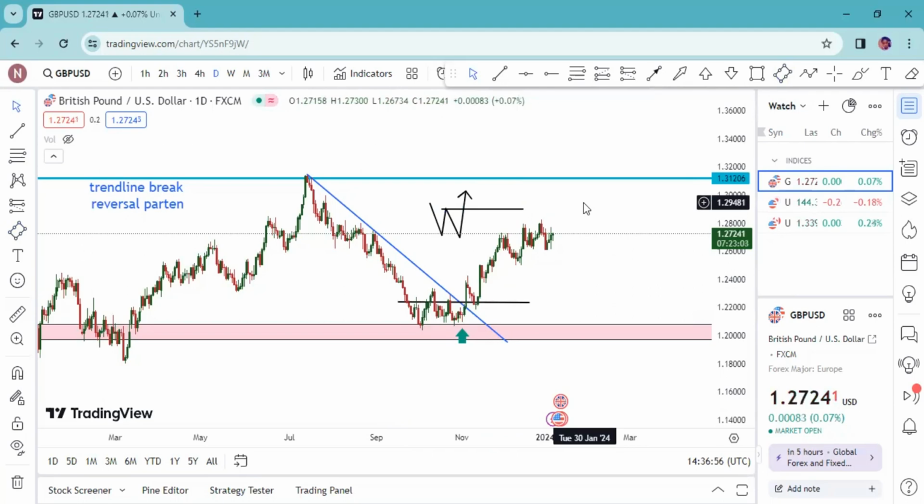Now, how do I take the last, and where do I place my trigger? How do I go about it? I will wait for the market to break the last lower high, to break the neckline of a double bottom, to break and to retest.